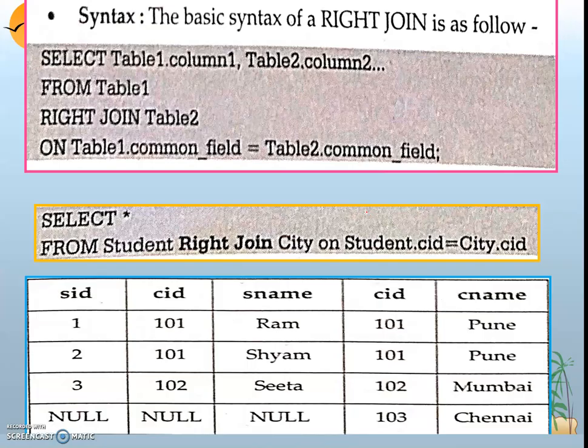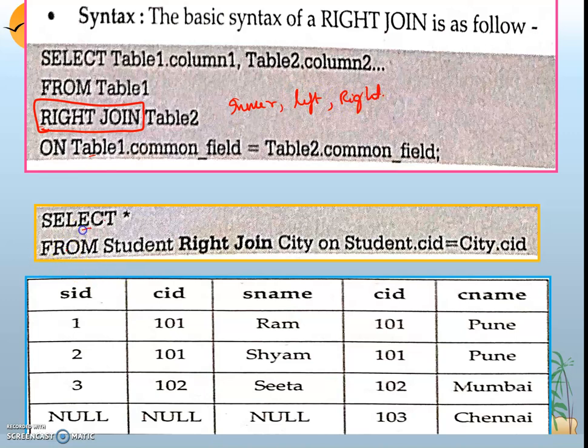Let's try to apply the same concept over the same example. So how it goes, the syntax remains the same if you observe. The only thing is you are replacing the name of the join over here by the right join. Previously it was inner join which was replaced by left join, and now it's written as the right join.